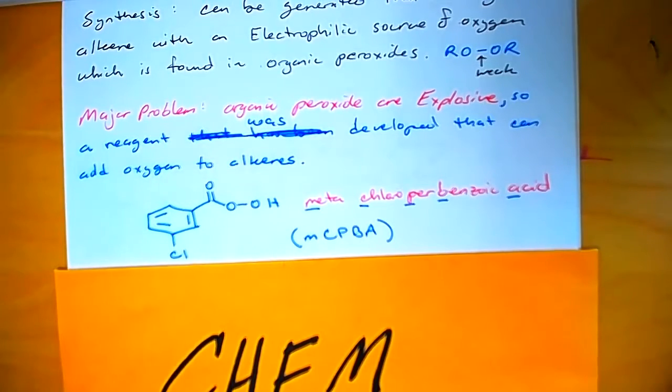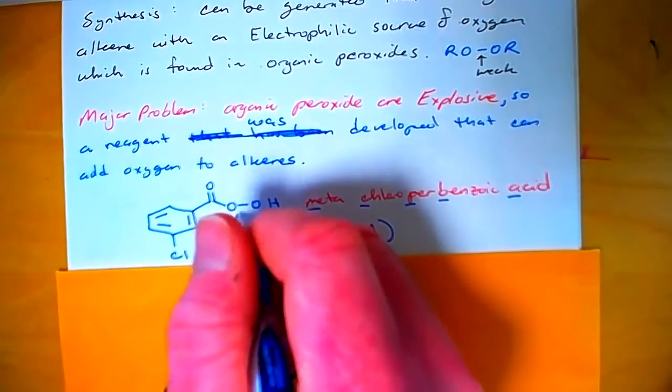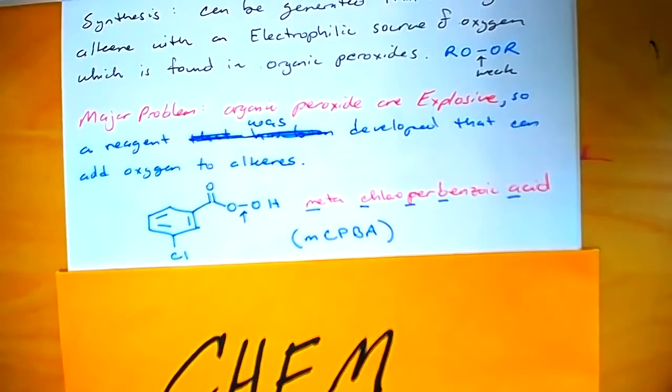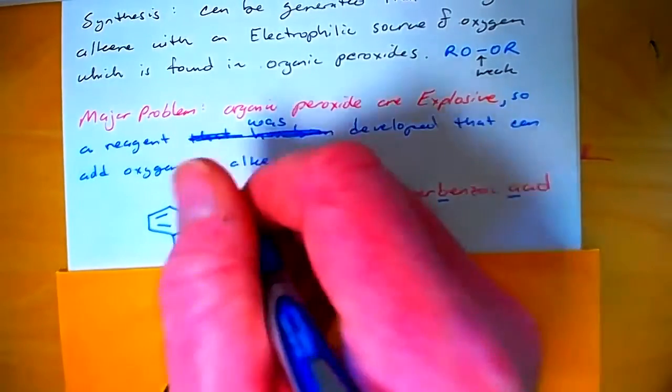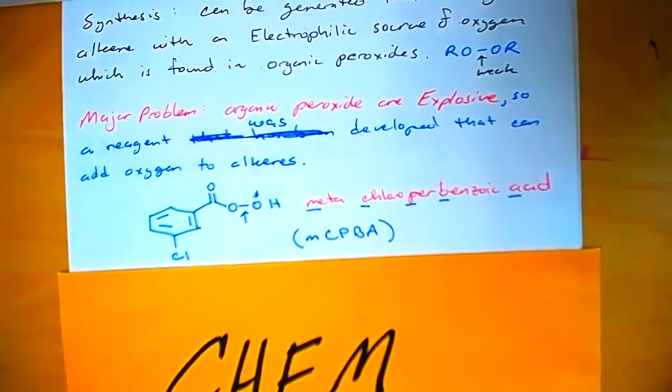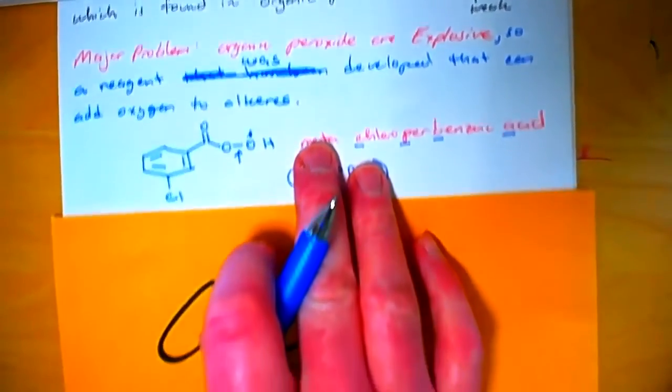So this is the structure of MCPBA, which stands for metachloroperbenzoic acid. You don't have to worry about how we named that. We'll go into that also in organic 2. But you want to notice that it also has this weak oxygen-oxygen bond here, which allows for us to transfer this oxygen into an alkene. And I'm going to show you how that works right now.